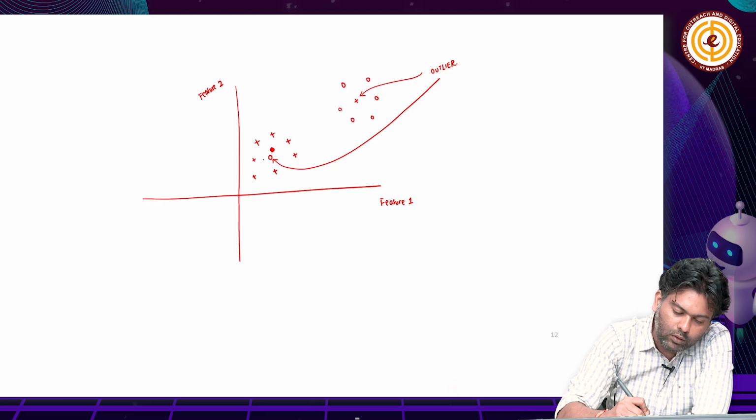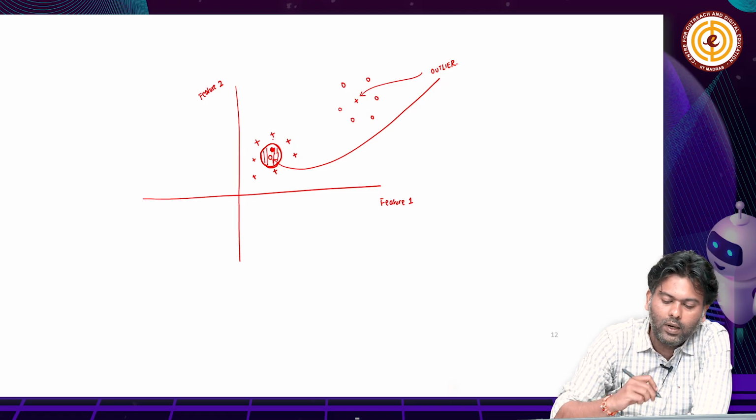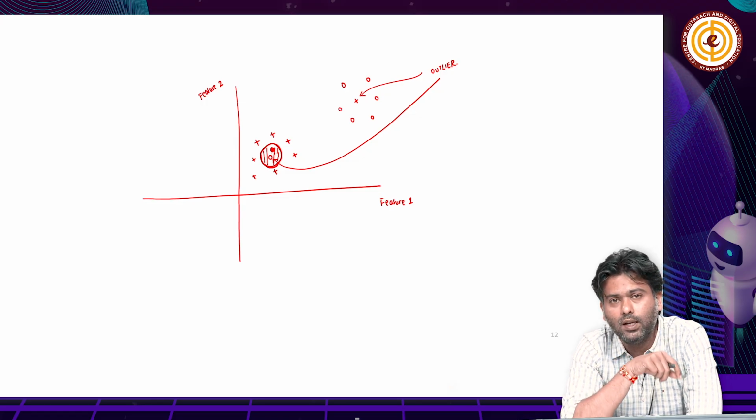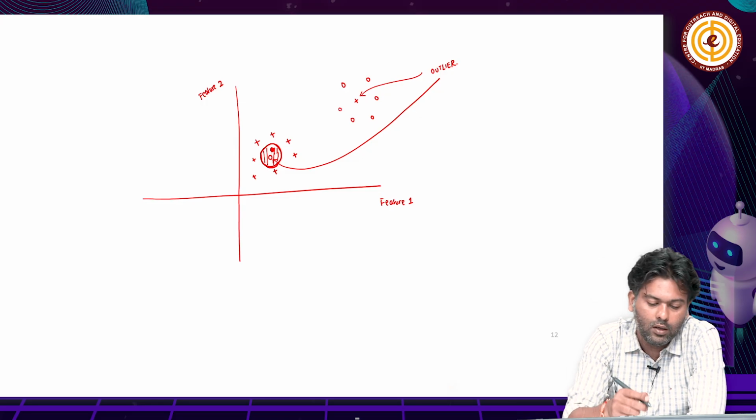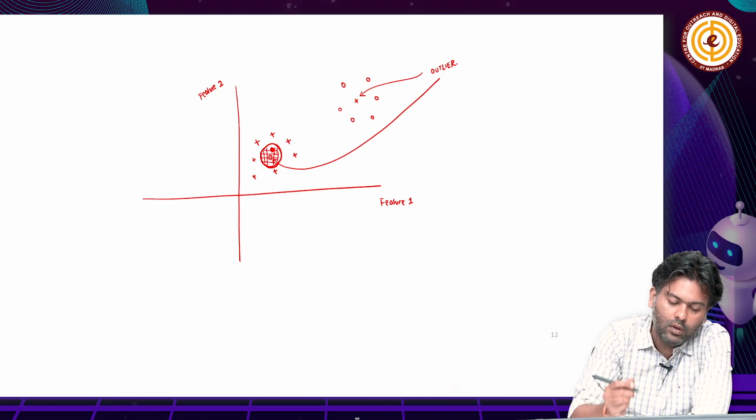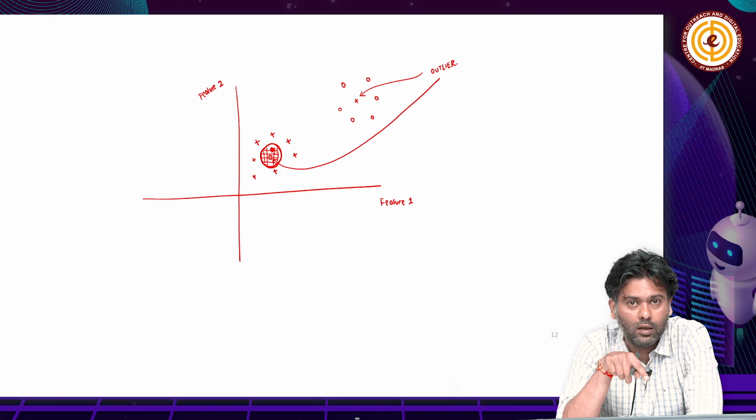In fact, there will be some region around this circle. It may not be exactly a circular region, but there will be some region around this circle where, if you get a point in this region, the nearest neighbor to any point in the shaded region is going to be the circle, and so you will make a mistake if the test data point is in this checked region.